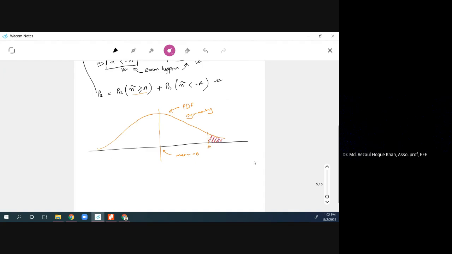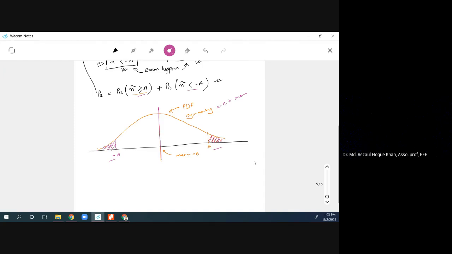It also happens if n tilde is less than minus A, in this region. This is this condition, and this is this condition. So we can say this probability density function is symmetric with reference to the mean value, zero.